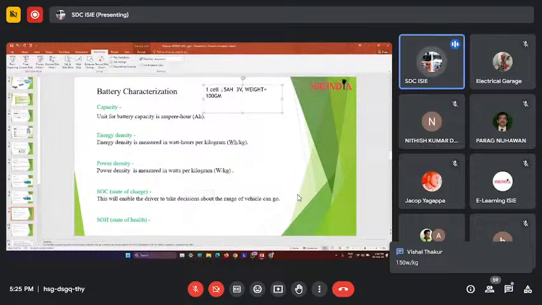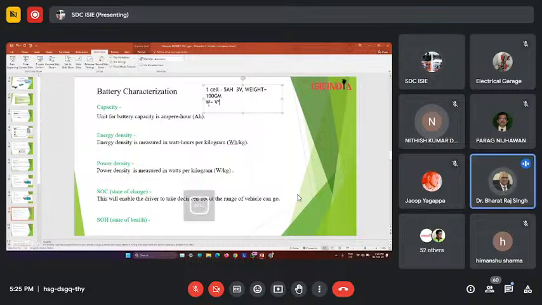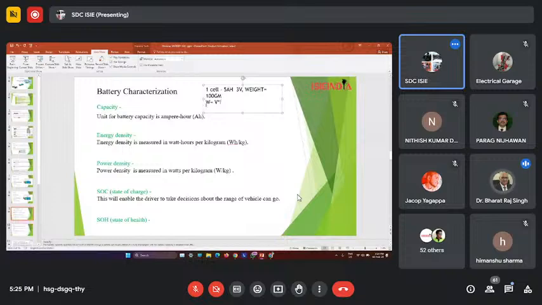Okay. So see now what we will do. What is watt? Watt is nothing but voltage V into I. And when we multiply this V into I with hour, it will be energy, right?